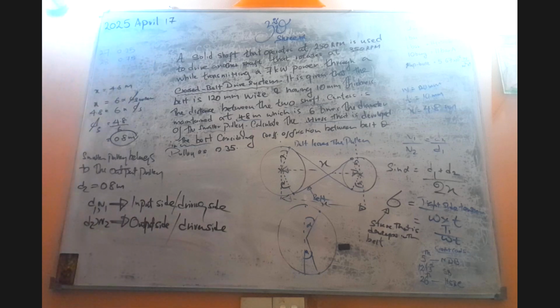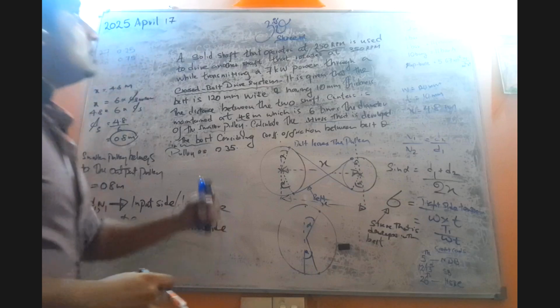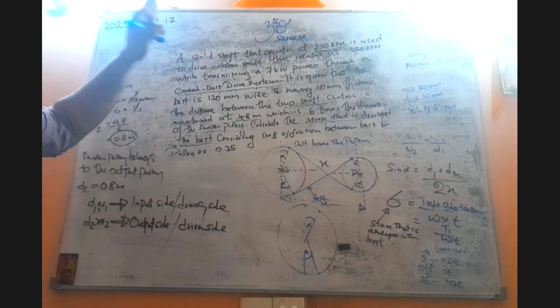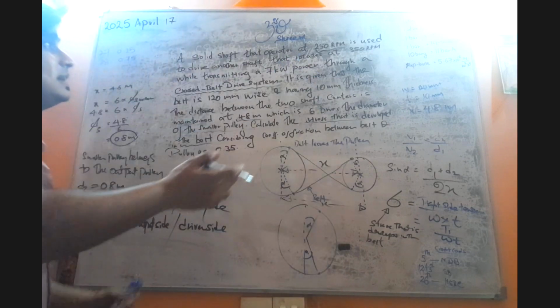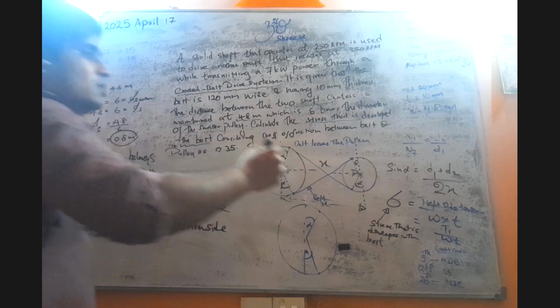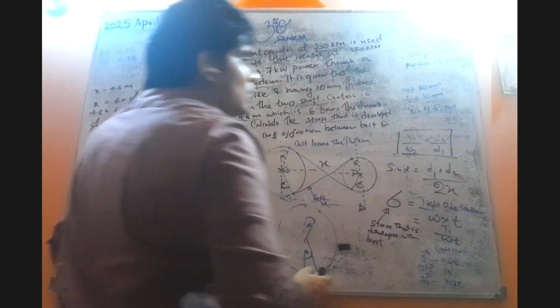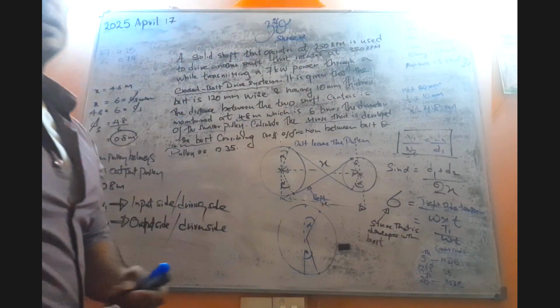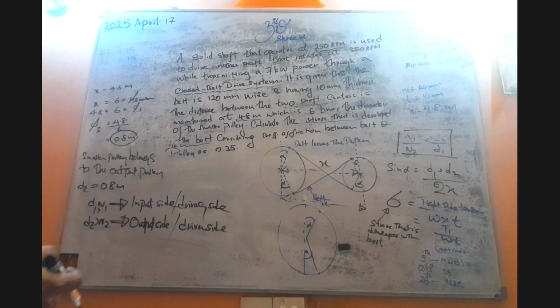Now we know that a solid shaft that operates at 250 RPM is used to drive another shaft at 350. If we use this subscript 1 for the input side, N1 and D1 belong to the input, then D2 and N2 belong to the output.